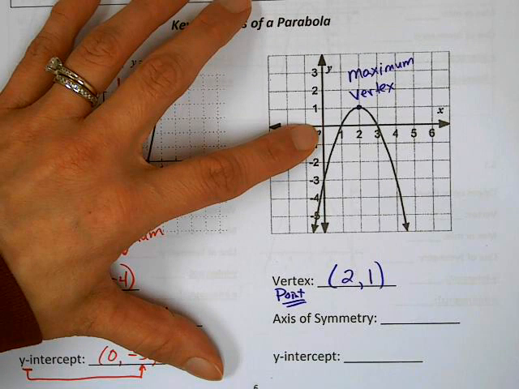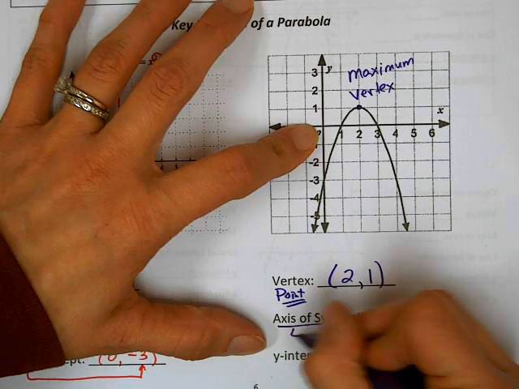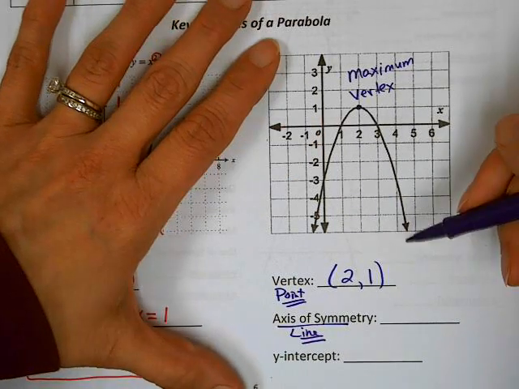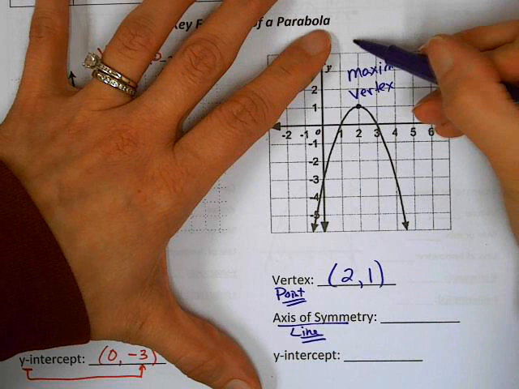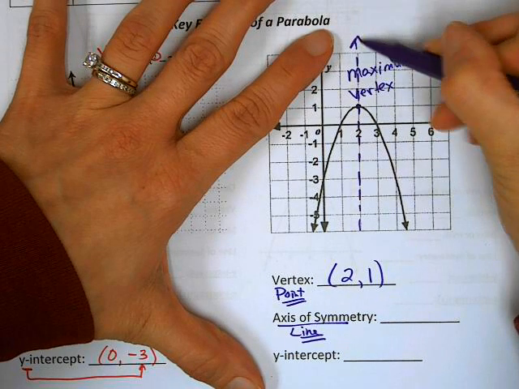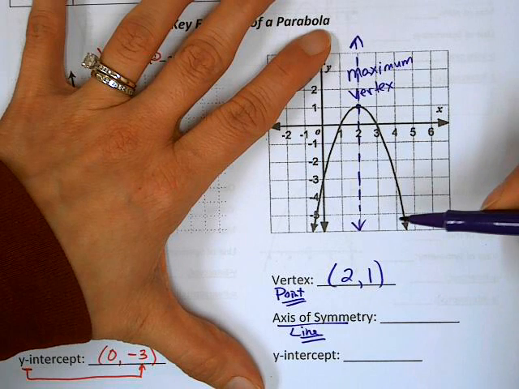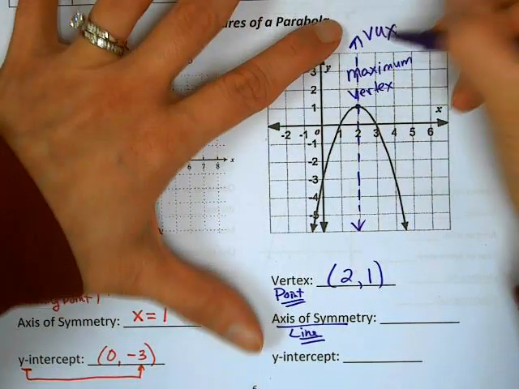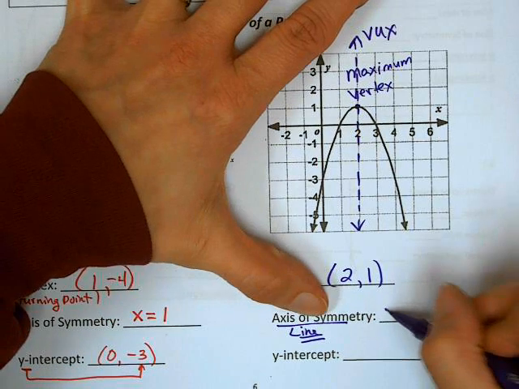Axis of symmetry is a line. I'm going to require that you draw it, and then we'll write it. So let's draw a dotted line right down the middle, right through his vertex. Put your arrows. And this line, this is a VUX again. It's always a VUX, a vertical line, x equals.